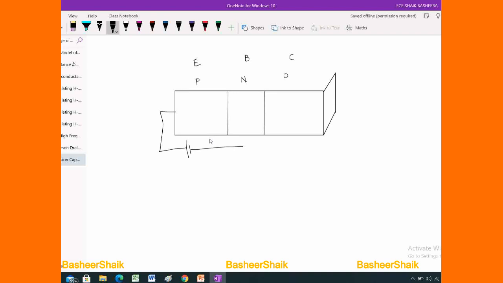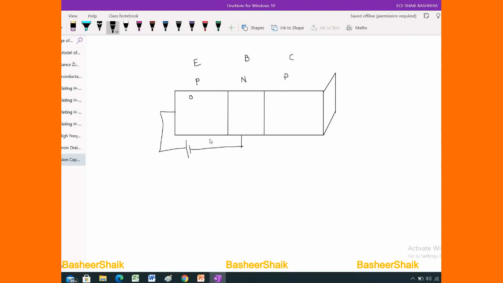On applying the forward bias, the charge particles on either side are accumulated near the depletion region, and this leads to the corresponding diffusion capacitance.